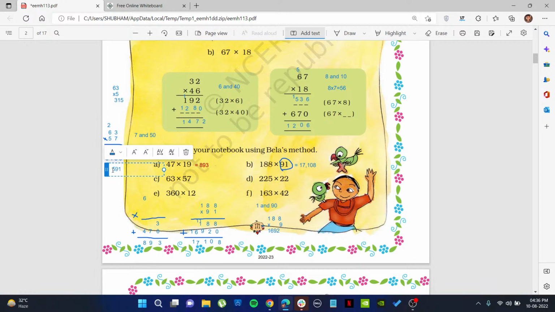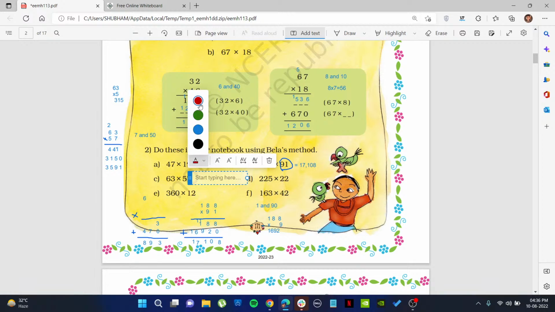And 3 add nothing gives us 3. So our final answer is 3591. 3591 is the final answer for question number C. So let's write down here. 3591 is the final answer.